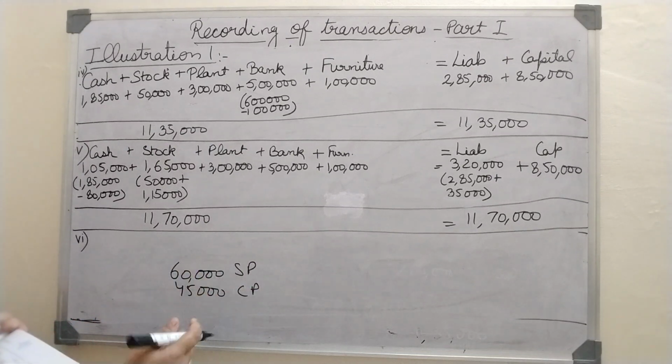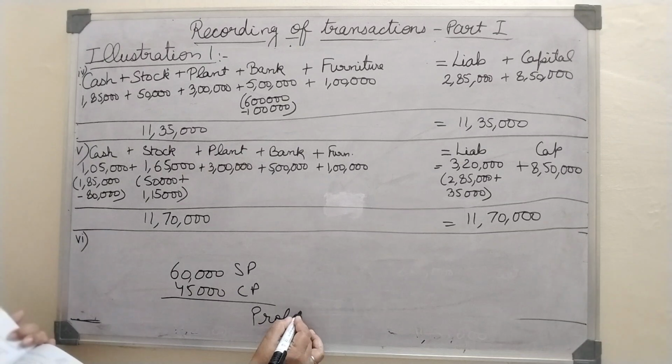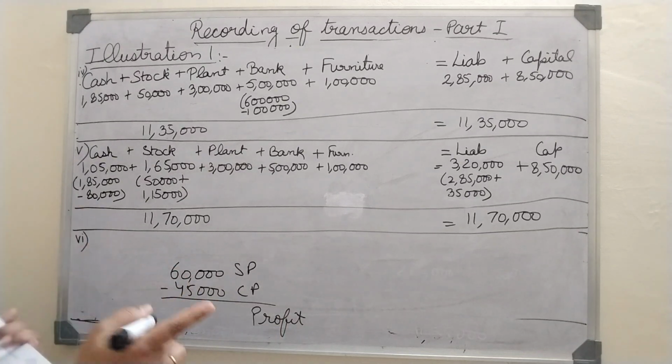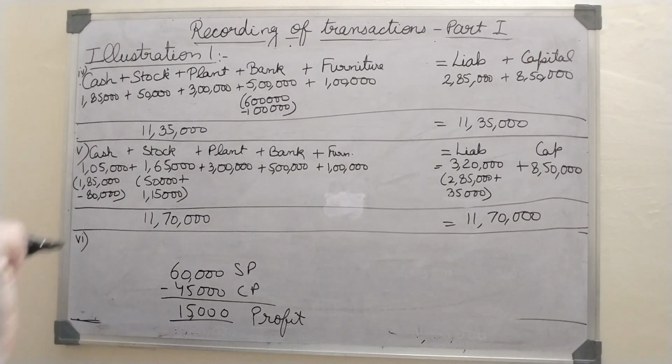When I am selling at the higher price, I am earning profit. This you did in your math, right? Same logic applies. So I have earned profit of 15,000. Don't forget it. Always profit is added to capital and loss is subtracted from capital. This you have to keep in mind.